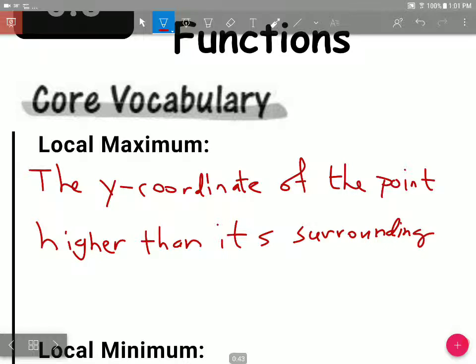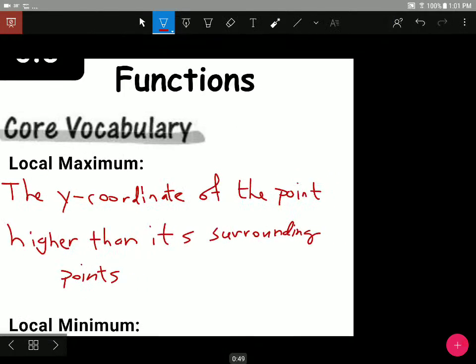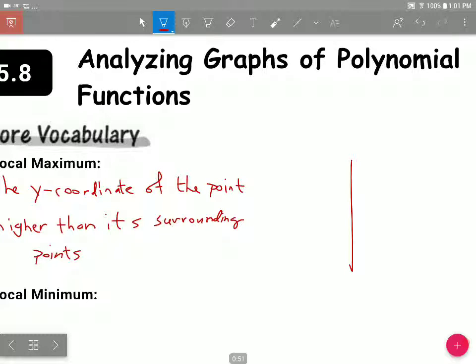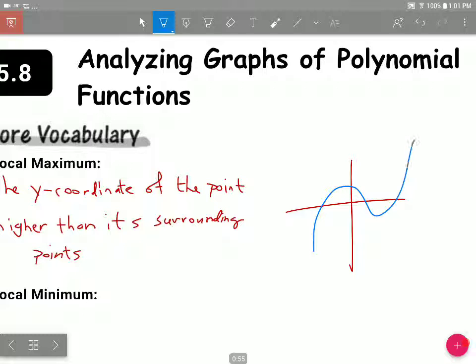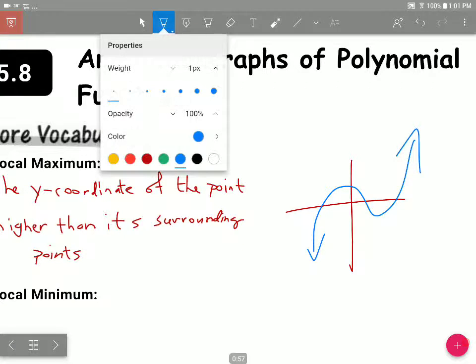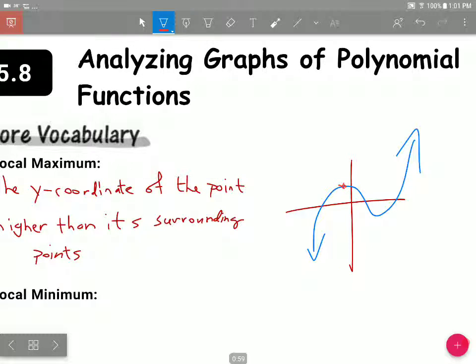So for example, if I had a graph that looks like this, that kind of goes woo, whoop. This right here would be a local maximum.